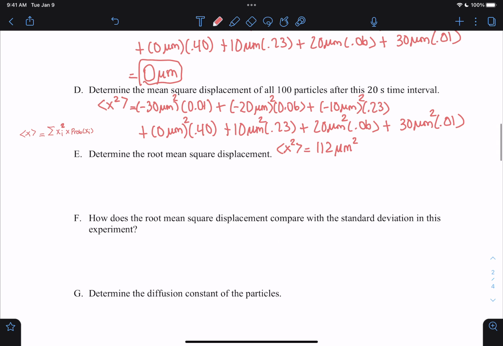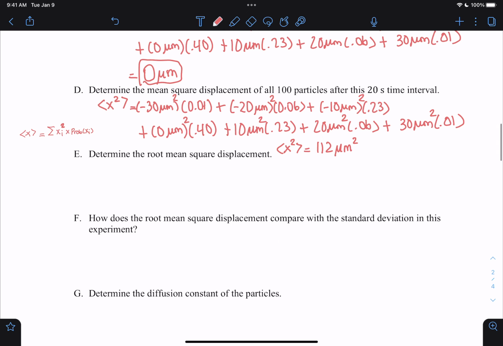Now, we have to determine for part G the diffusion constant, right? You're going to have to notice that we've been talking about root mean squared displacement, and now all of a sudden we're jumping to diffusion constant. Well, how do we relate the two? Anybody want to give that a shot?